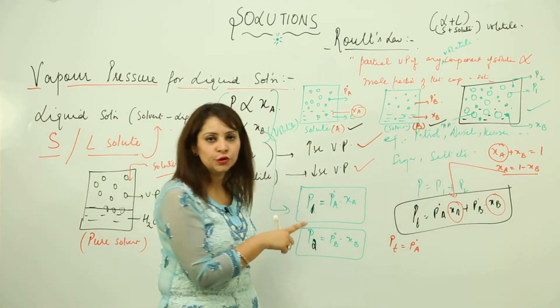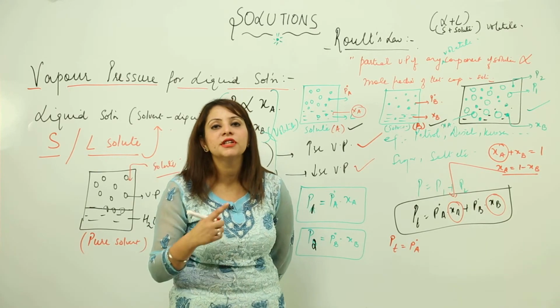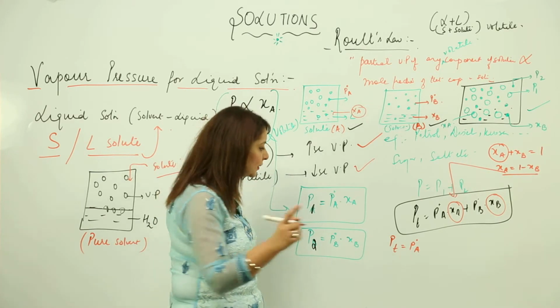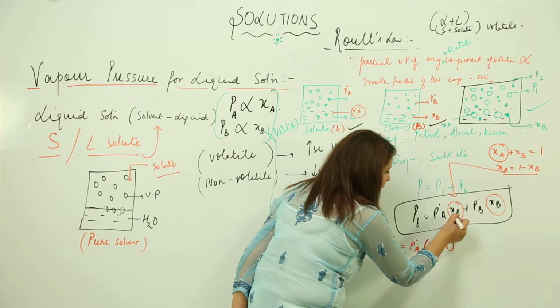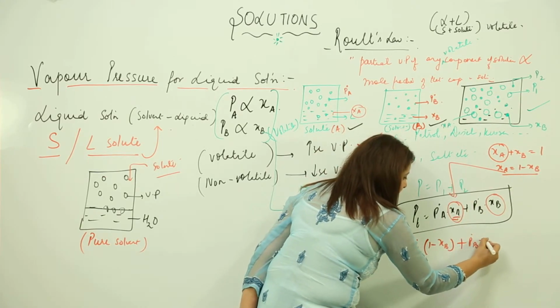I am going to express the total pressure in terms of the molar concentration of one component, right. So what do I get? I get P naught A into (1 minus XB), because instead of XA I am writing this value, plus P naught B into XB.